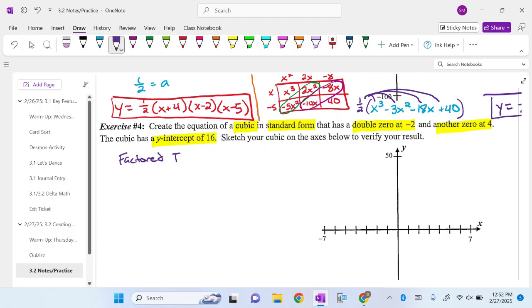So if we're doing the factored form, first off, what does it mean when we say double zero? What do you think that means? So it's a double zero at -2 or a double root at -2. What do you think that means?